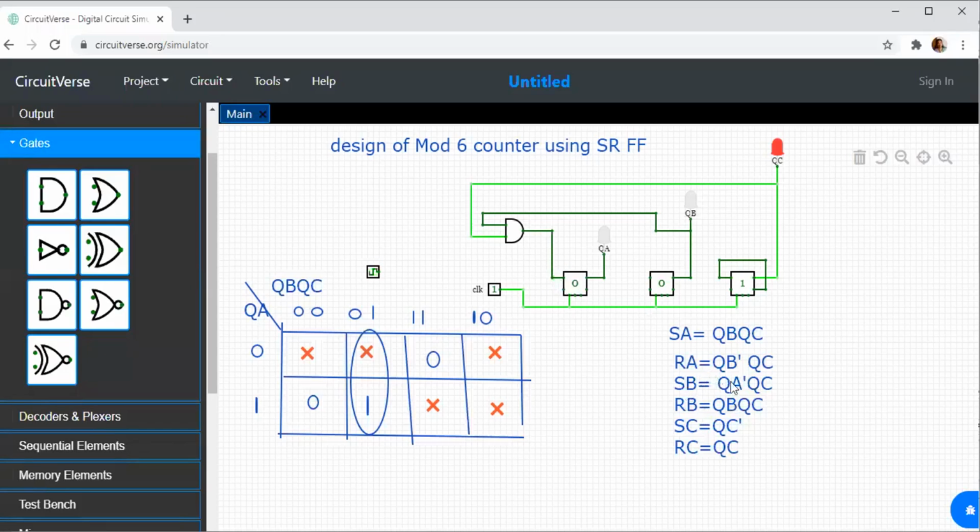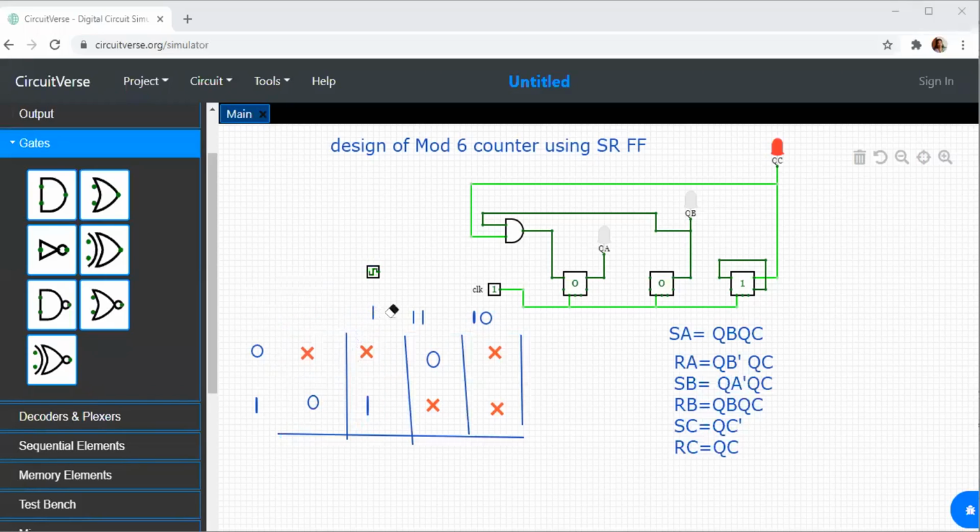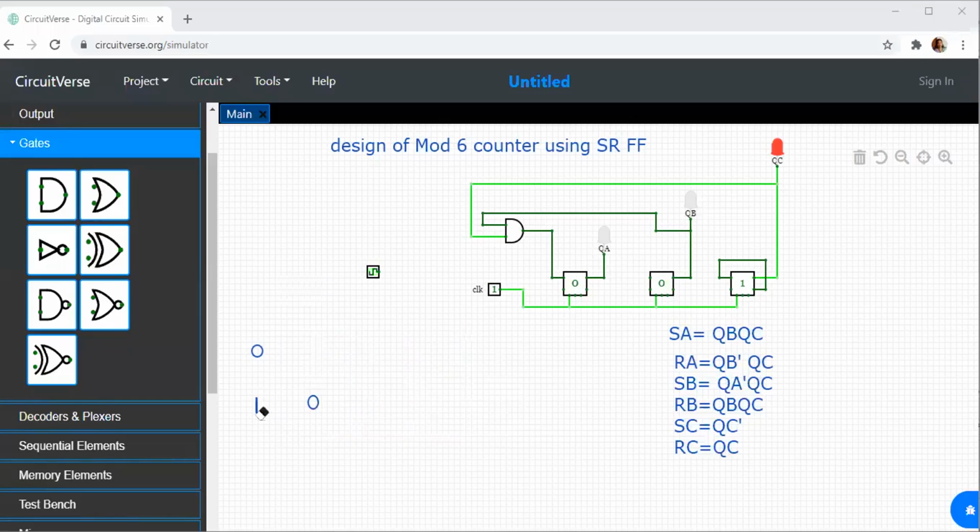And what is my SB? SB is equal to QA bar into QC. So RA is equal to QB bar.